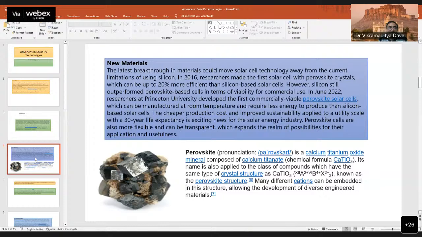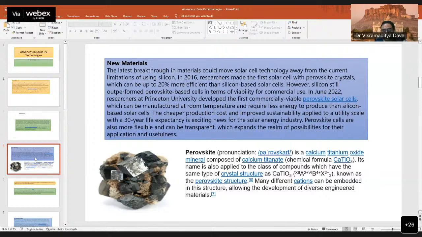Recently a breakthrough was made in June 2022, where Princeton University developed the first commercially viable perovskite solar cell, which can be manufactured at room temperature and requires less energy in comparison to the silicon based solar cell. The production cost is also very low, and the life expectancy of this new material is 30 years rather than 25 years for the silicon solar cell.